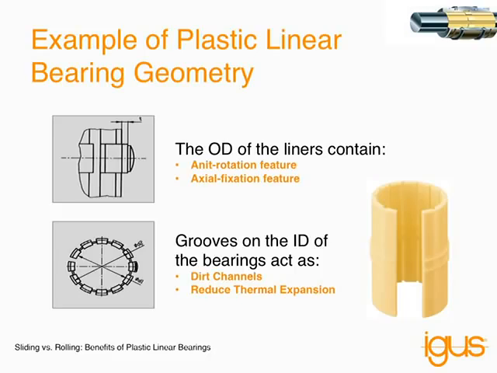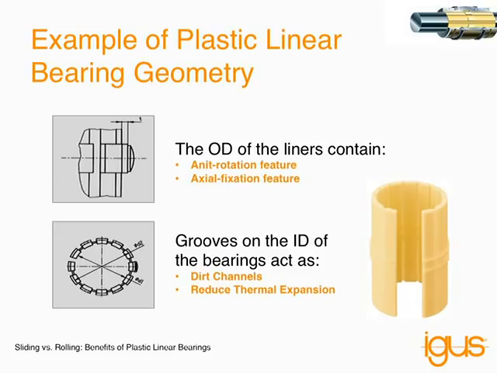Very important on the inner diameter of plastic bearings from Igus especially are grooves. And these grooves serve two purposes. One is that they are dirt channels, so if you're in an application that's heavily contaminated by dirt, soil, or particles, they can act as a channel for that media. But maybe even more critically, they're able to reduce the amount of thermal expansion of the ID of the bearing towards the shaft.